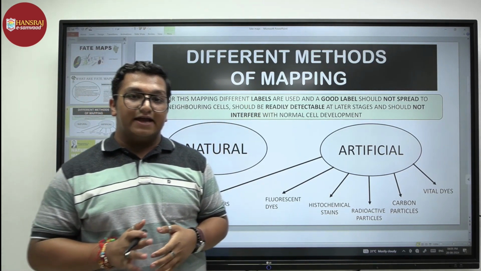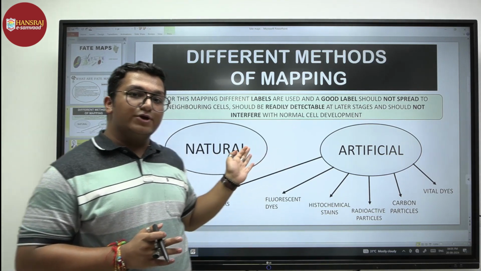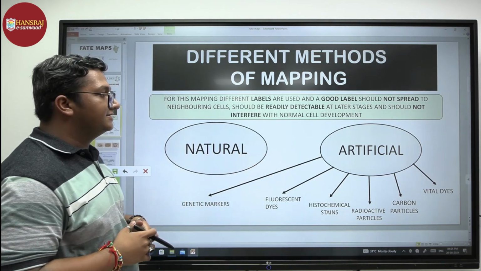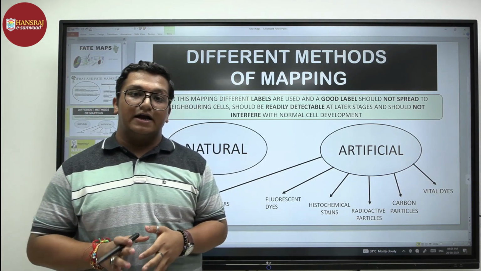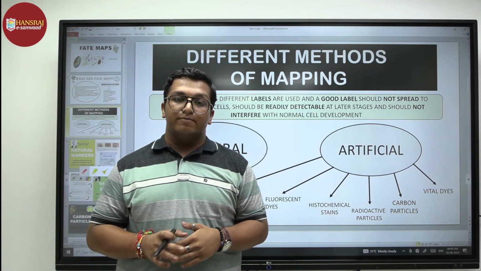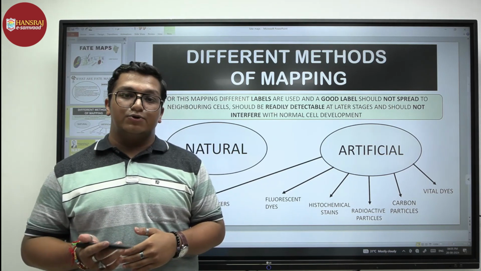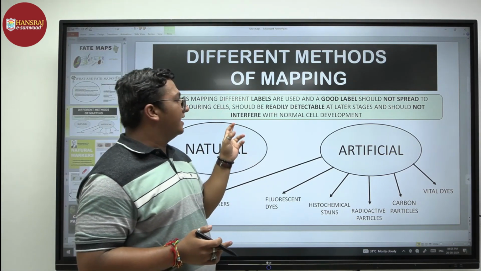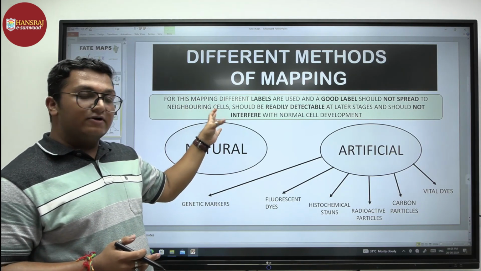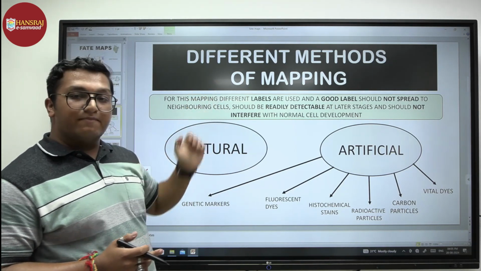It should not fade away at later stages of development, as we'll study in the later slides, and it should not interfere with normal cell development. If our label is interfering with normal cell development, then how will we know that this cell is developing naturally in a particular way? So these are all the characteristics a label should have for the easy purpose of mapping.